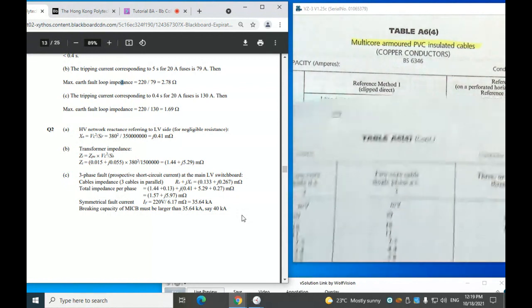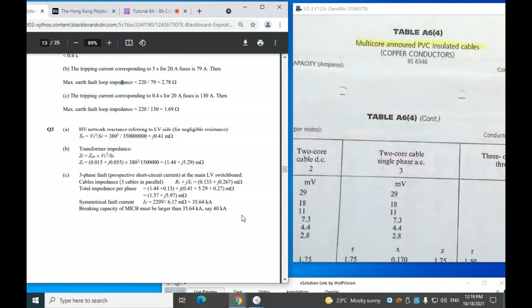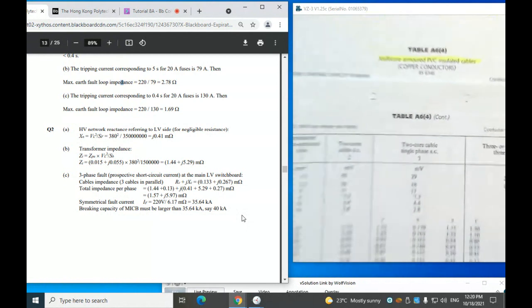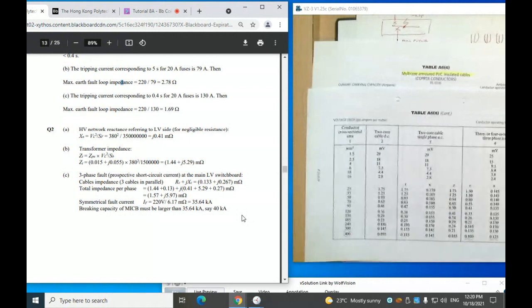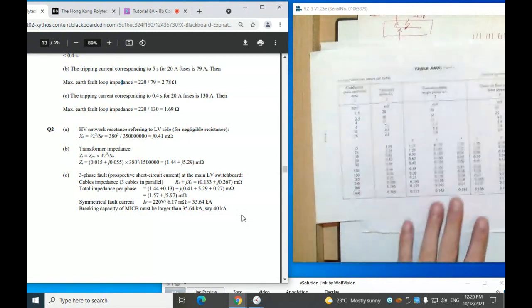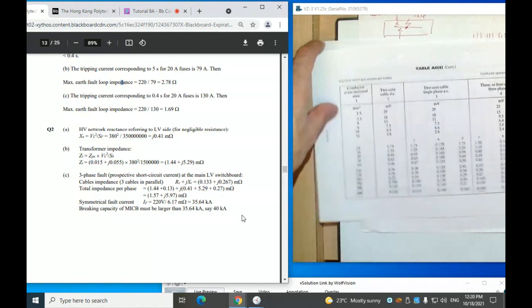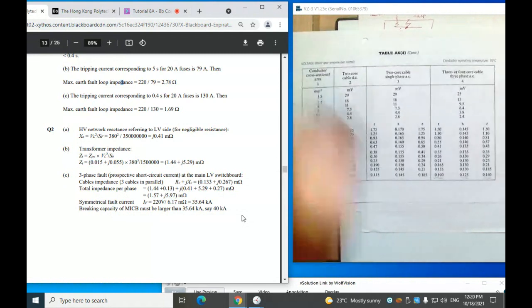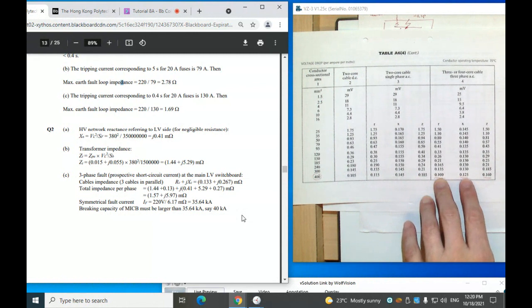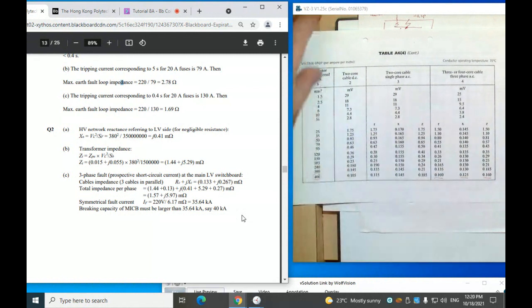The second part of A64 shows the impedance values. The size is 400 mm square, the bottom one. The result here is the resistance value 0.1, and the reactance value 1.125.